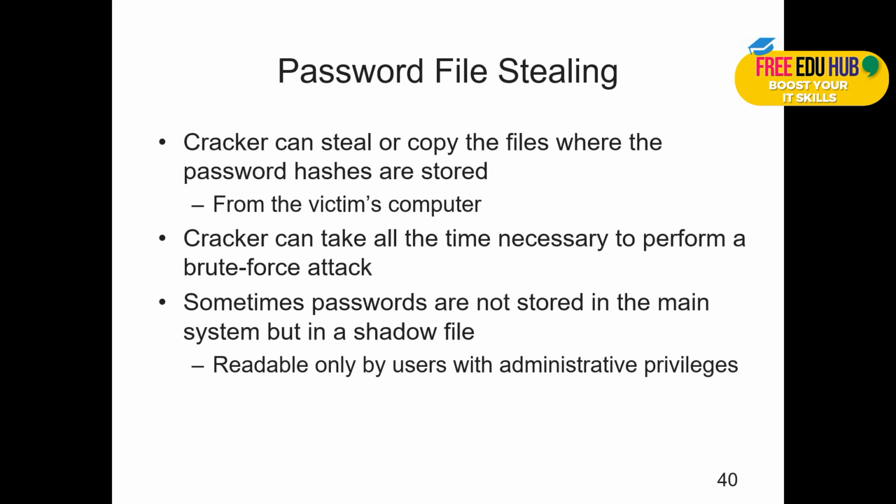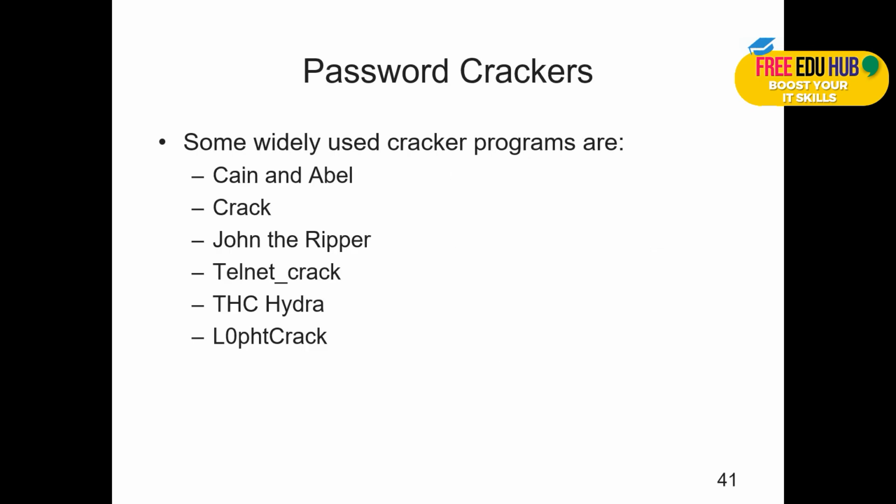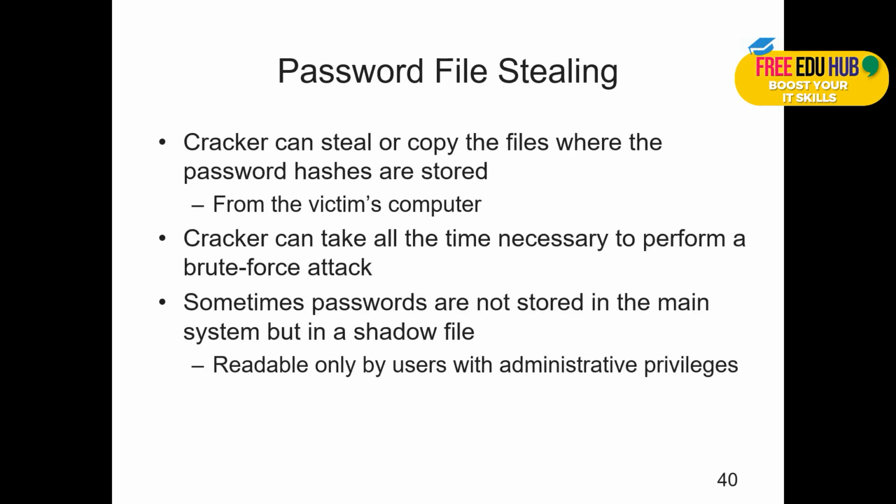From the victim's computer, the cracker can take all the time necessary to perform a brute force attack. Sometimes passwords are not stored in the main system, but in a shadow file, readable only by users with administrative privileges.